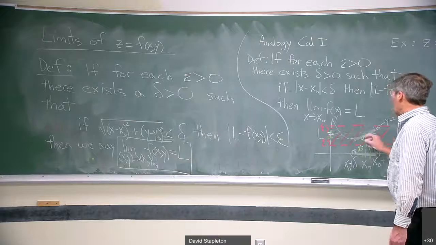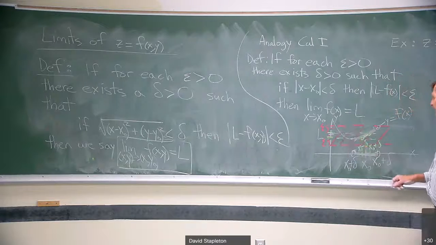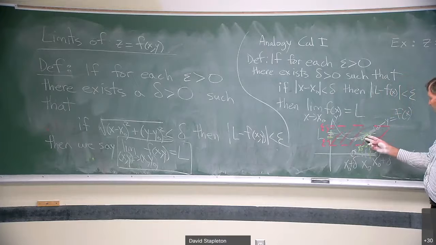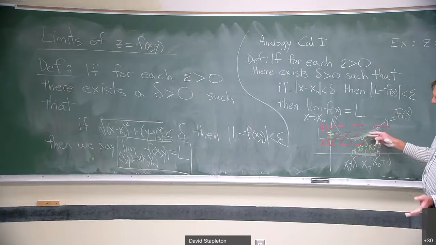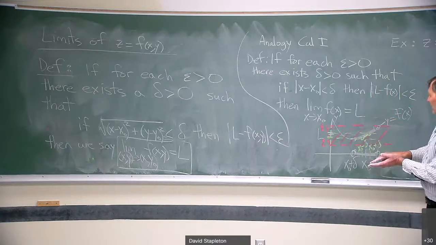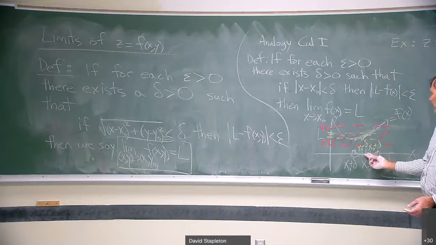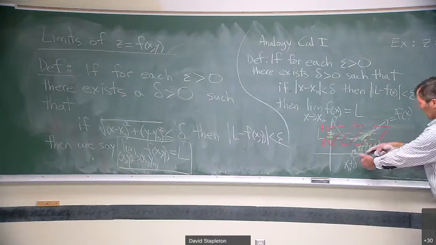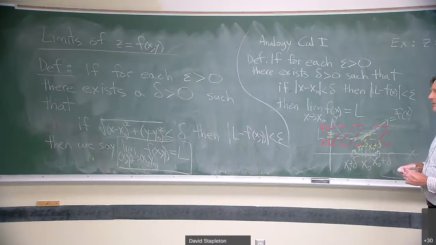No matter how small you pick your interval, I can find a corresponding positive interval width here that squeezes that piece of the function that close. If it gets squeezed arbitrarily close by simply choosing a small enough interval, then we say the limit is L. It's getting closer and closer to L as we squeeze the interval smaller and smaller. That was the definition in calculus 1.